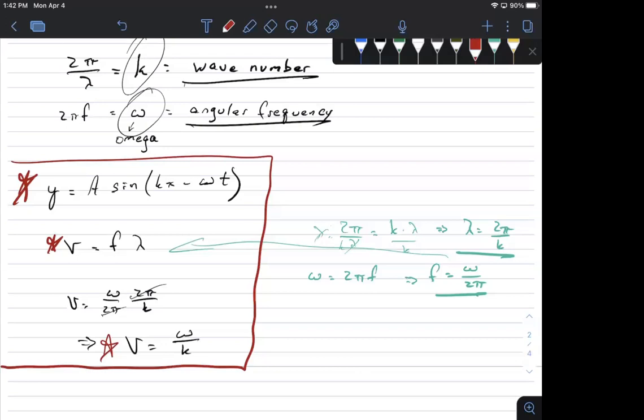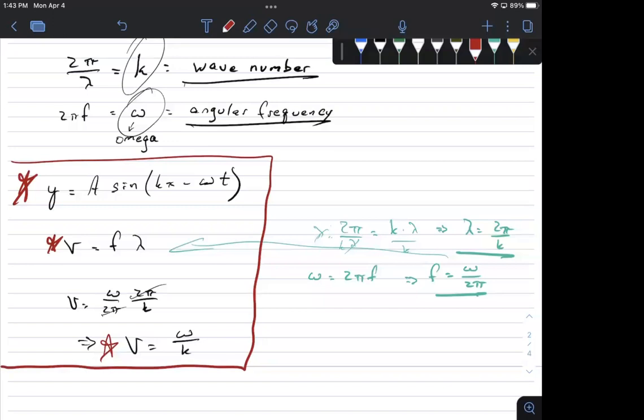It's got a frequency of 5 times 10 to the third and a wavelength of 0.02. What is the speed of this wave? Or write down the equation for a wave whose speed is 350 meters per second and whose wavelength is 0.1 meters. And so you would have to write down the equation of the wave.